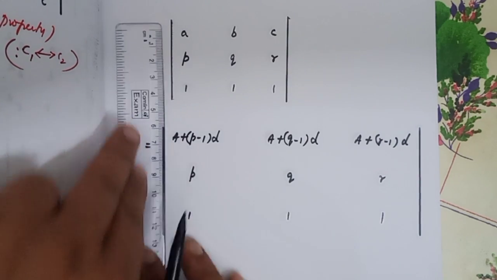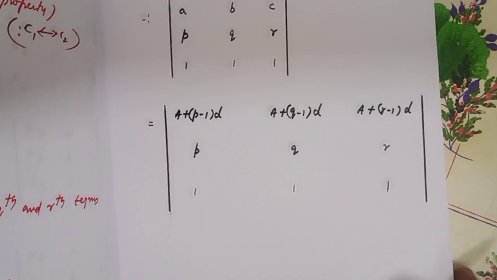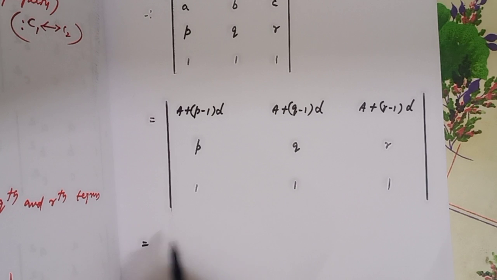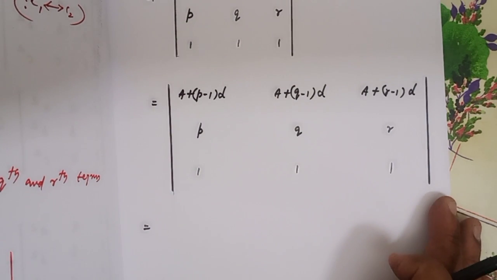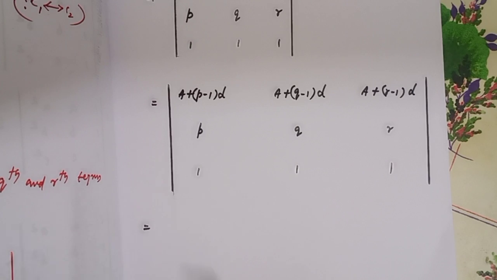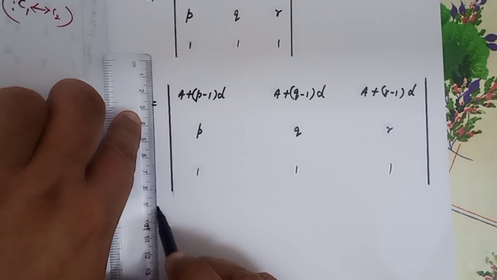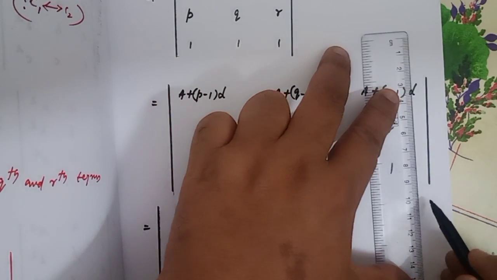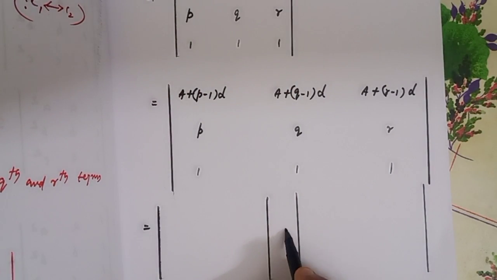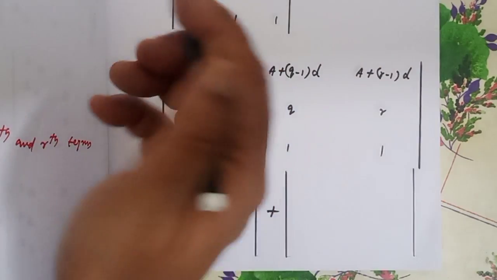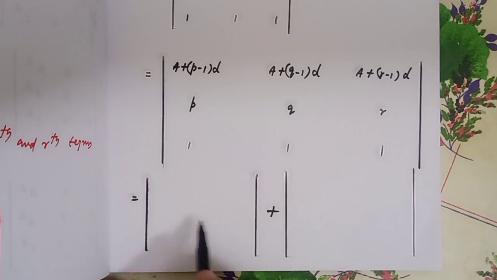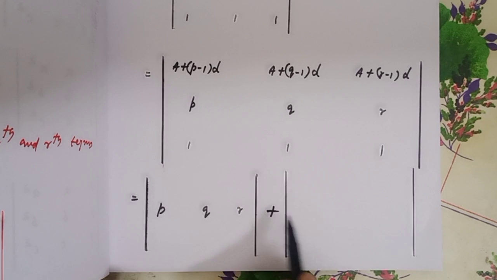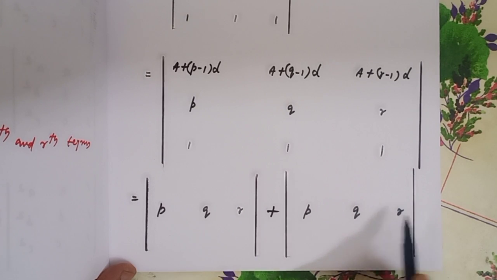Now we have to find the value of this determinant. This determinant can be written as a sum of two determinants. In both, the second row is p, q, r and the third row is 1, 1, 1.